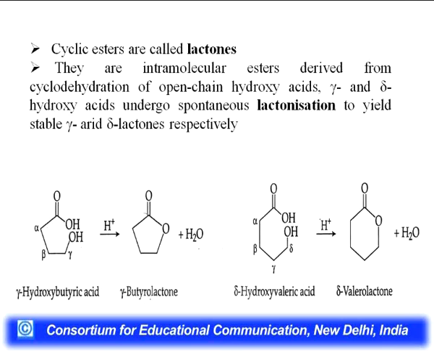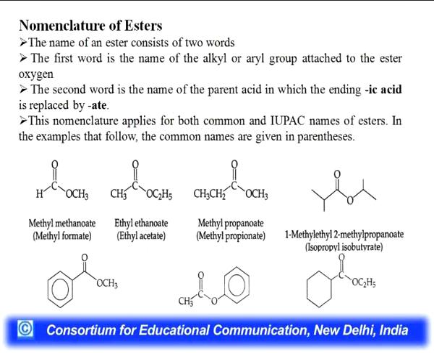You can see the structure, how gamma hydroxybutyric acid will give you gamma butyrolactone. You can see the cyclic ester, with the oxygen in the ring, and delta hydroxyvaleric acid will give you delta valerolactone. Now the next heading is the nomenclature of esters.